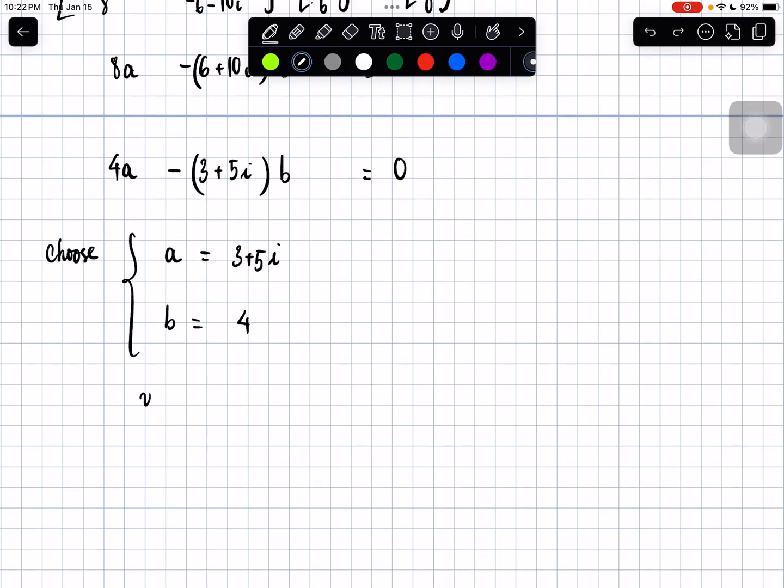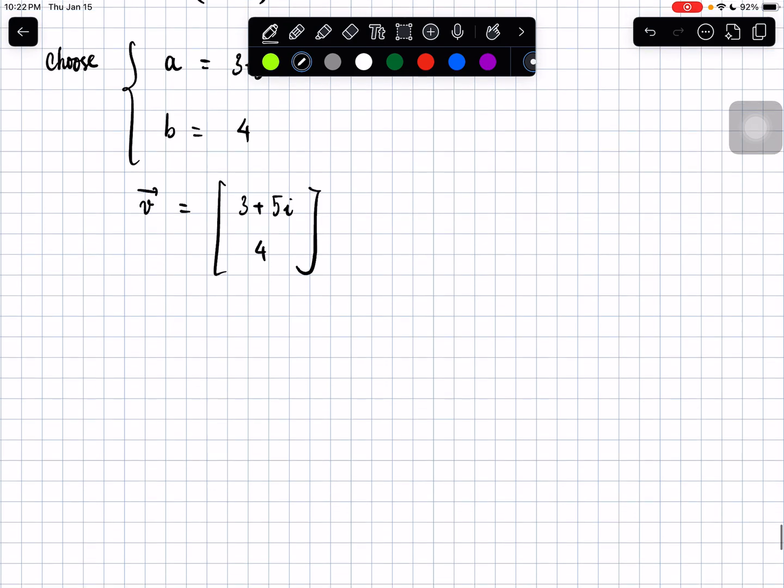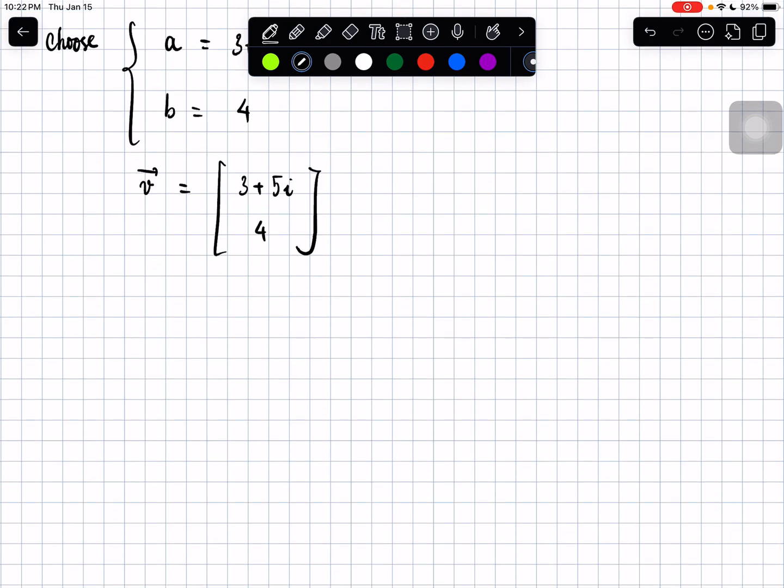So we have eigenvector V: (3 plus 5i, 4). Now we have the eigenfunction.